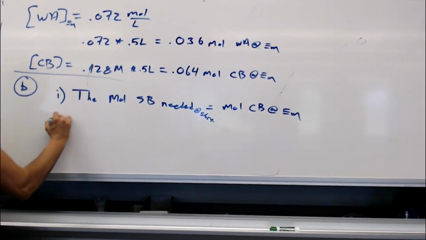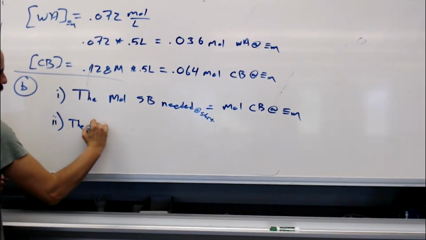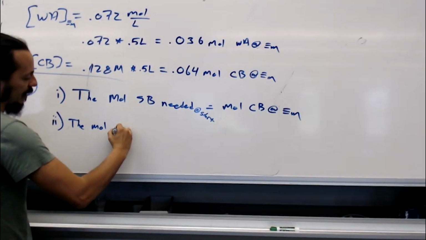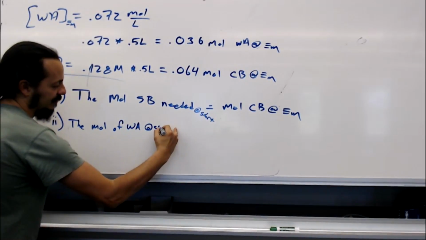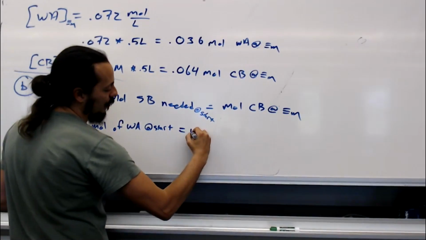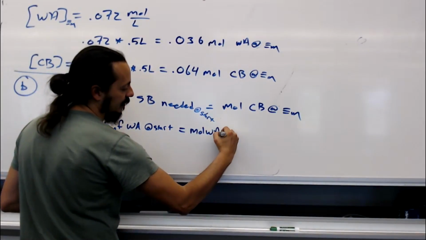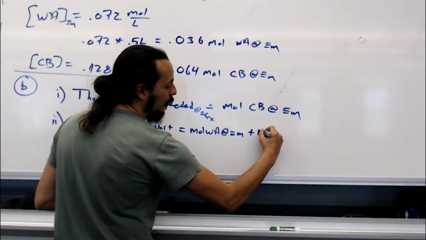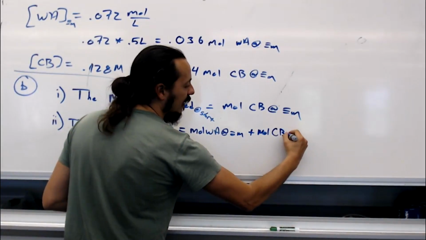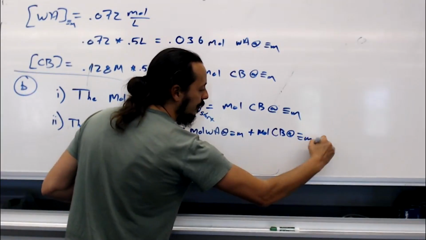Thing number two. The moles of weak acid at start is equal to the moles of weak acid at equilibrium plus the moles of conjugate base at equilibrium.